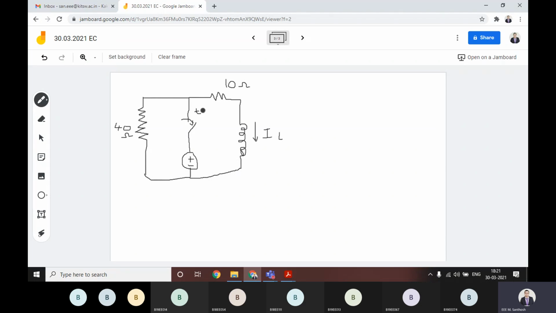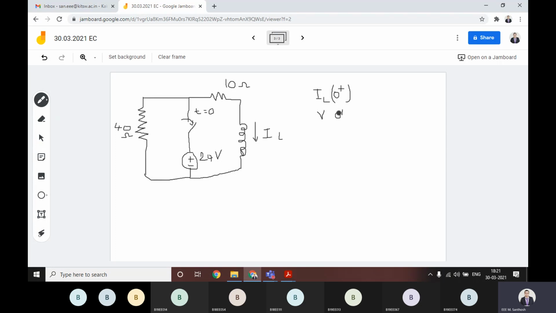This is operating at t equals 0, okay, then the voltage source value is 24 volts. Now you have to find, this is the current IL, right? For this current, just before switching value and after switching value you have to find. Just find after switching value, 0 plus.